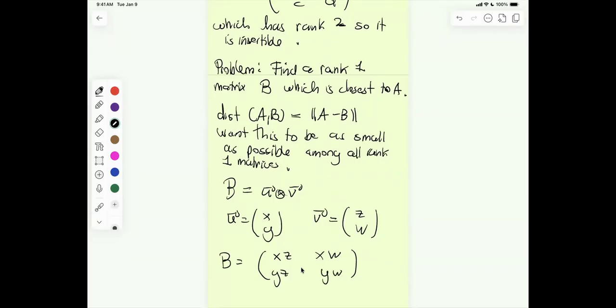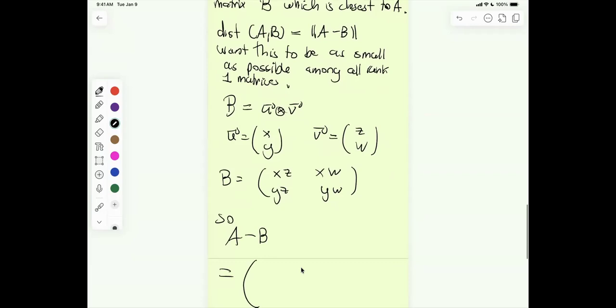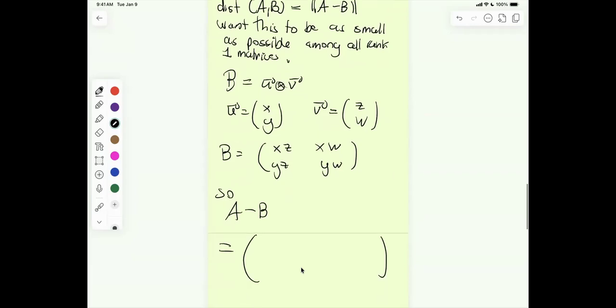If you do the tensor product of the vectors, that's what the matrix would look like, right? So what is A minus B in this case? A minus B would be, you just subtract the entries.